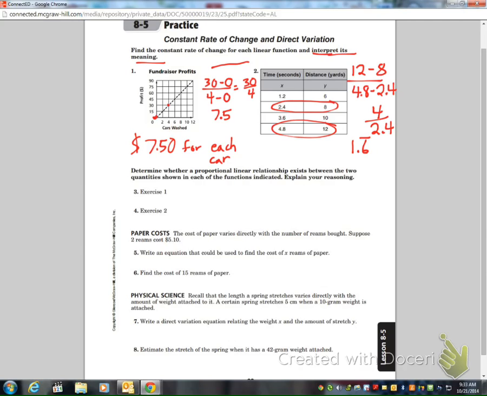Does anyone remember what's the easy thing that lets you know this is direct variation? Luke? It's a straight line. Well, that just means it has a constant rate of change. Thomas? There we go. Remember, if it's a direct variation equation, it's going to pass through the origin.